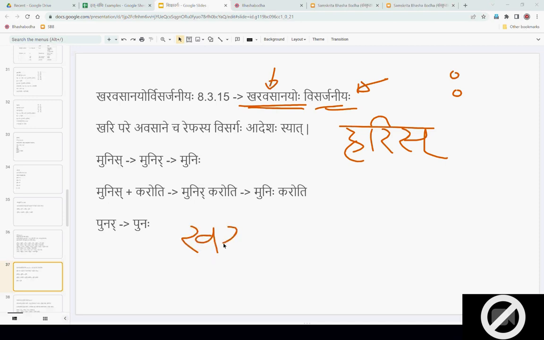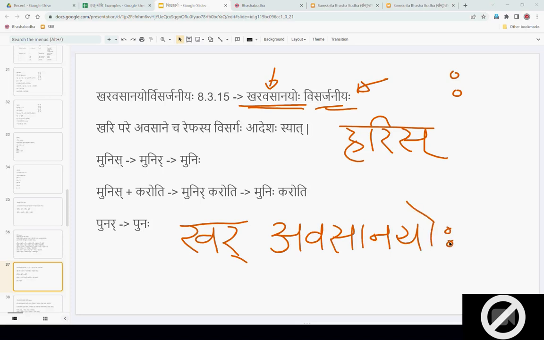One is khar, the other is avasanayoh. So this word has two parts in it, khar and avasanayoh. It is a compound word.